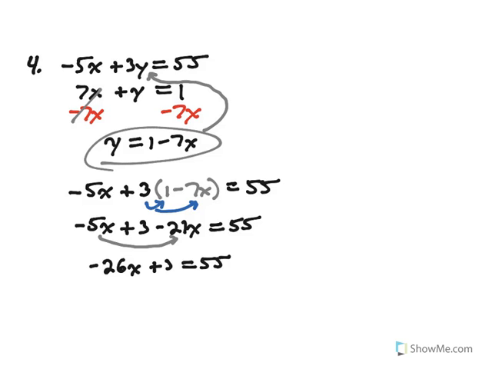Okay, and then of course, we're going to remove the 3 by subtracting that, and that way this will cancel. And then you're just left with minus 26x equals 55 minus 3 is going to be 52.